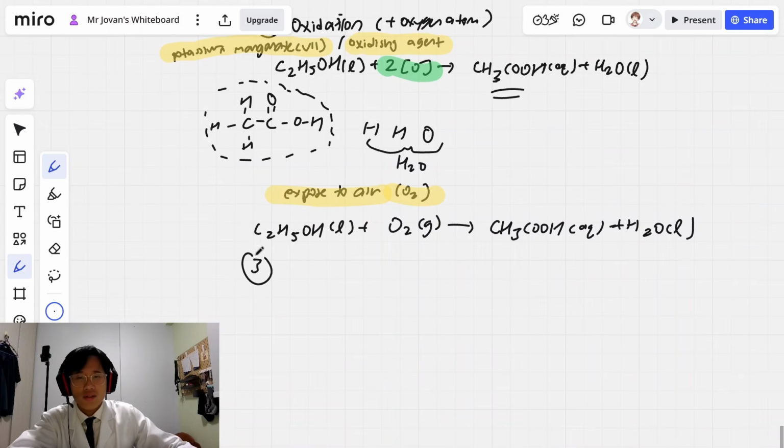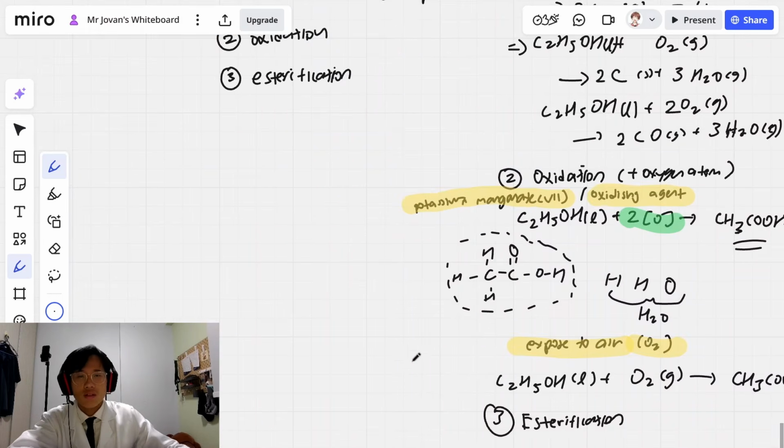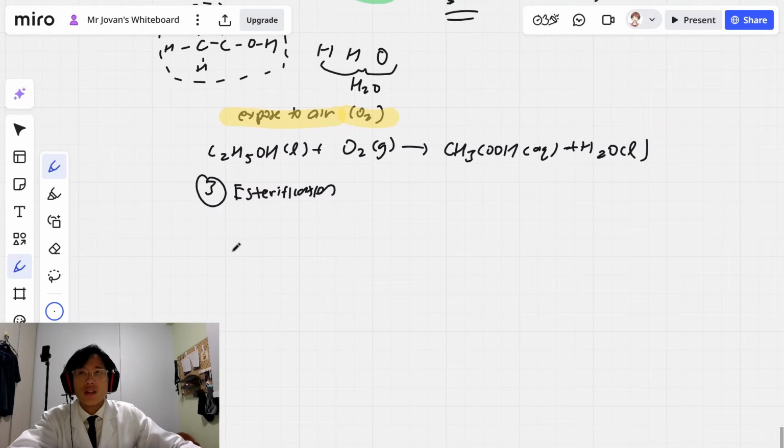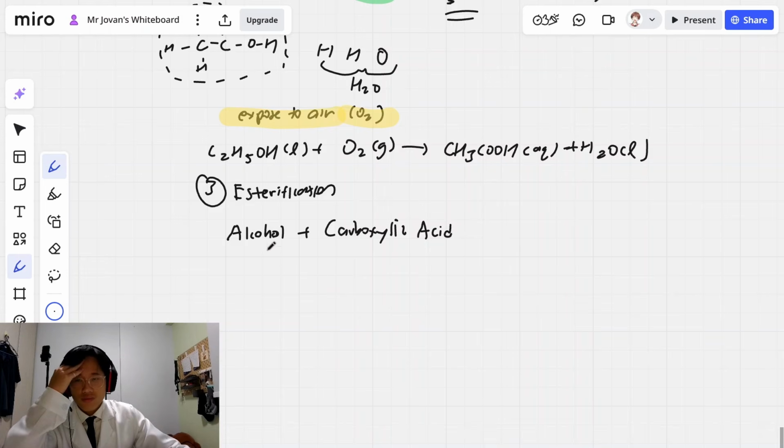Now, finally, our favorite one, esterification. I don't need to switch on, so I'll write it here. Esterification involves two of the more complicated homologous series that we've done: alcohol and carboxylic acid. Let's talk about my favorite example for alcohol, the one I keep using, ethanol.